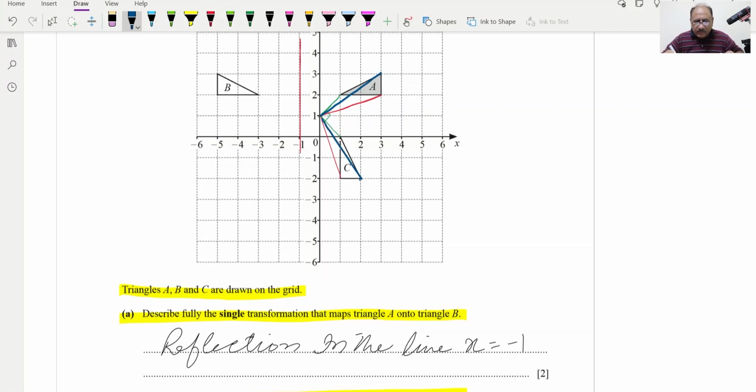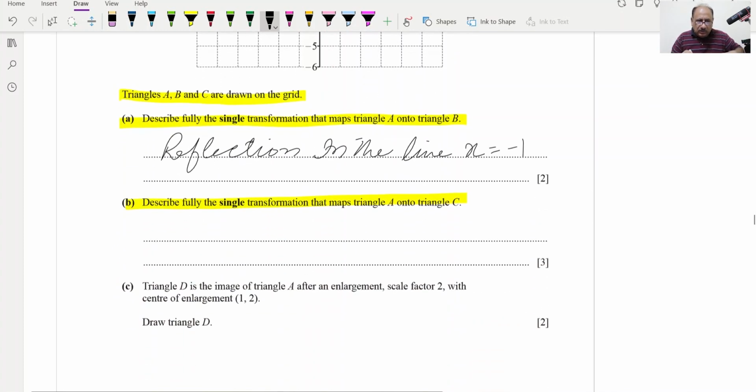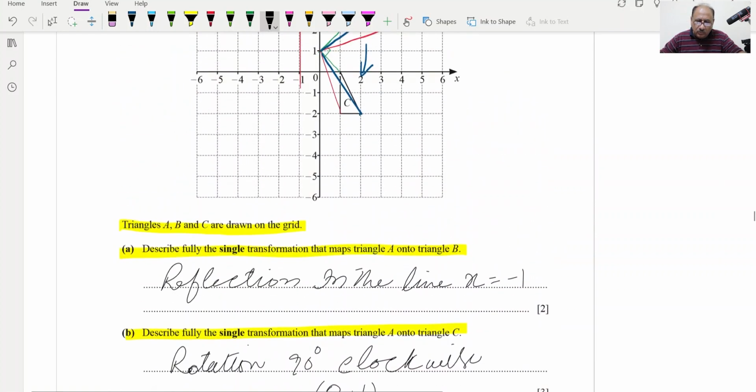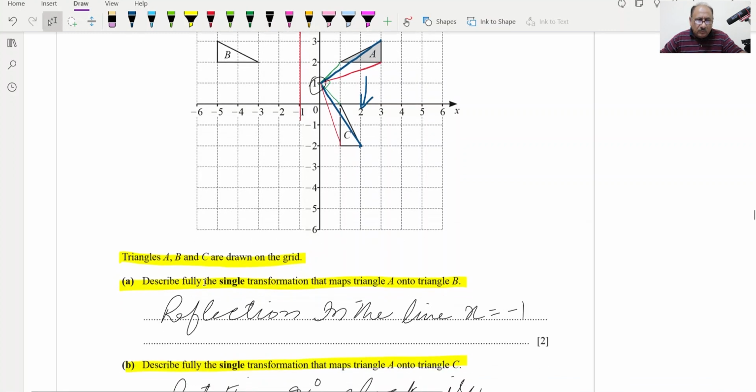So all three angles are 90°, it's basically rotated 90° clockwise. So our answer will be rotation 90° clockwise, and don't forget to mention the center of rotation, which is (0, 1), and (0, 1) is over here, this one is the point (0, 1).